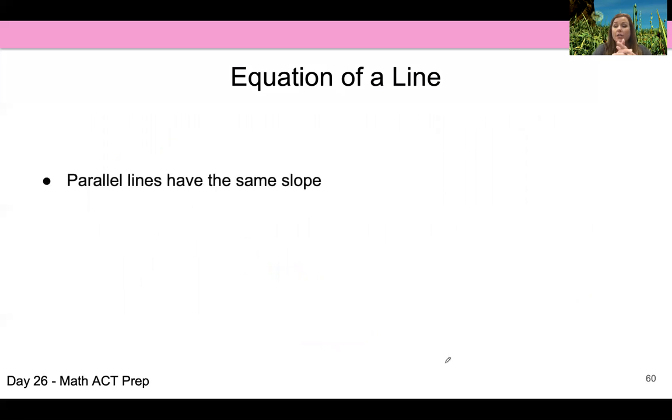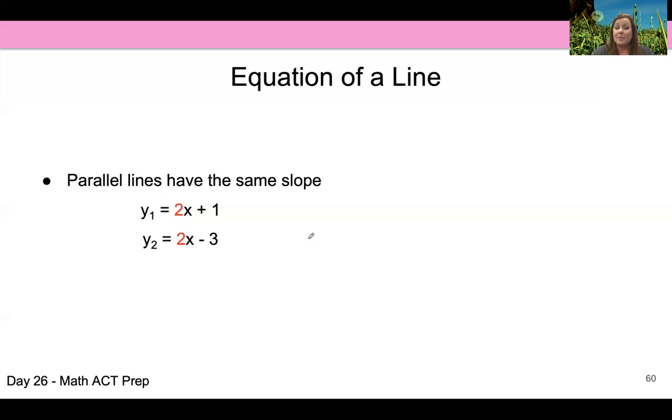Now, you also need to remember when we talk about slope, there's two important ones. Parallel lines are going to have the exact same slope. So if I have line 1, and it is y equals 2x plus 1, and then I give you a second line, and y2 is equal to 2x minus 3, I can ask the question, are these lines parallel?